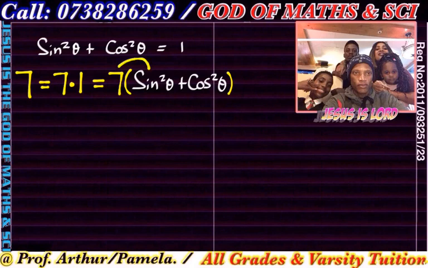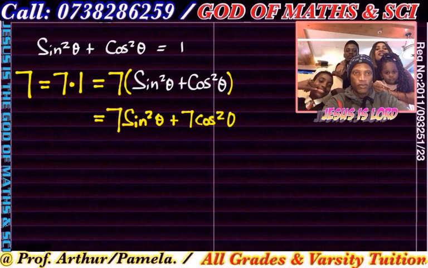When you distribute, multiplying into the bracket, you're going to end up with the answer of 7 sine squared of theta plus 7 cos squared of theta. Can you see? You can make any number.